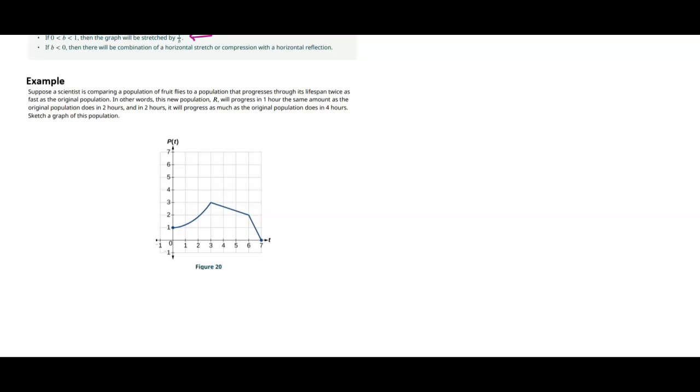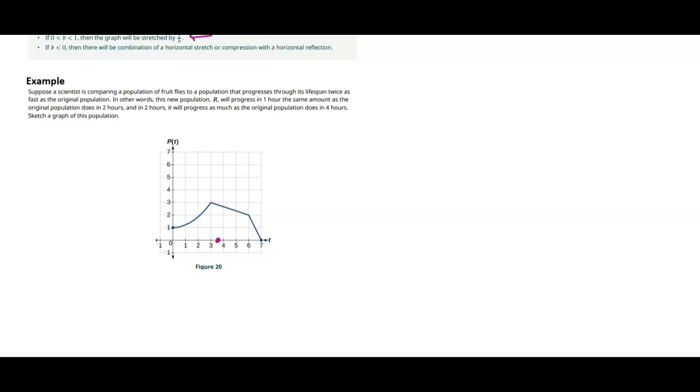So suppose a scientist is looking at that same fruit fly, and there's a new population R. We'll just call this R again. That's totally fine. But the processes go through the lifespan twice as fast as the original population. So their lifespan then must only go to here, right? Because they are going to be aging or going through these fruit flies twice as fast.